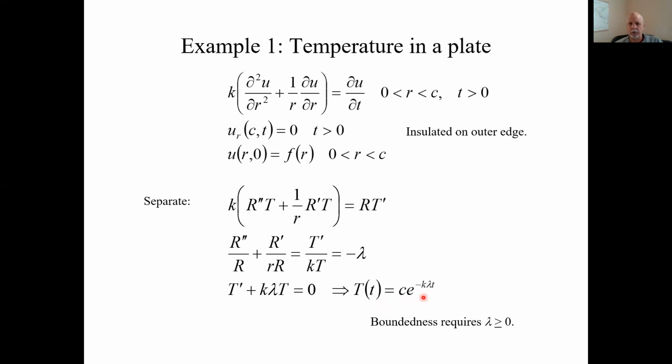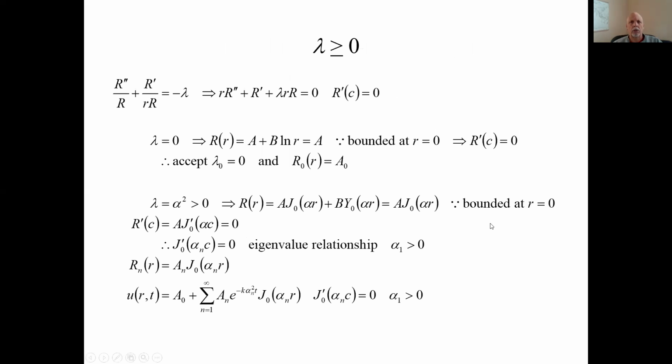For T to be bounded, that means lambda can't be negative. So it's at least greater than or equal to 0. So we're already starting to eliminate some eigenvalues. We're limited to non-negative eigenvalues.